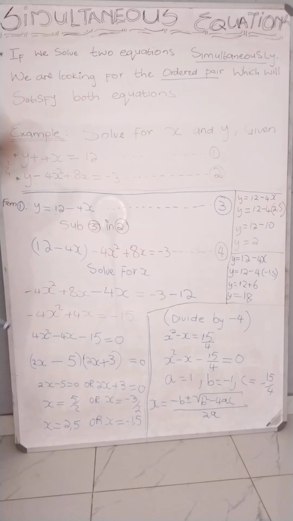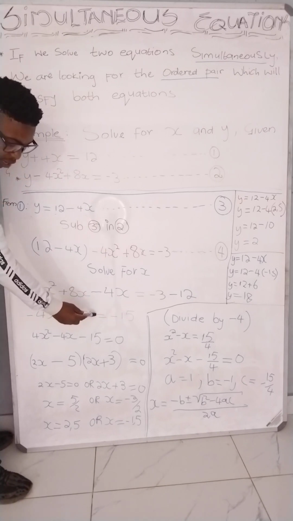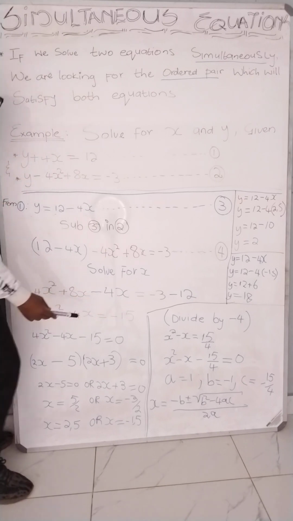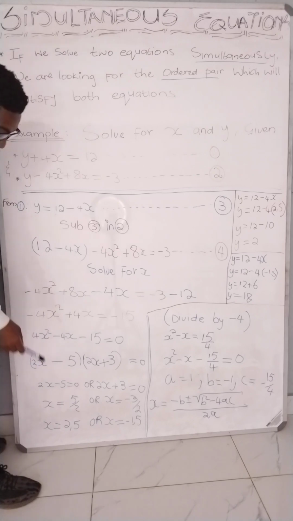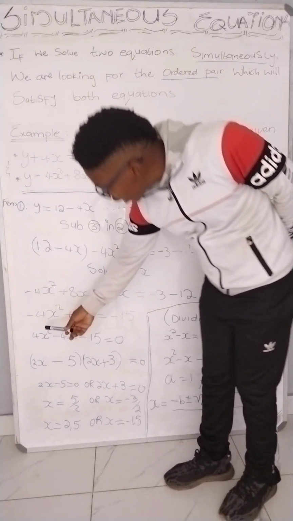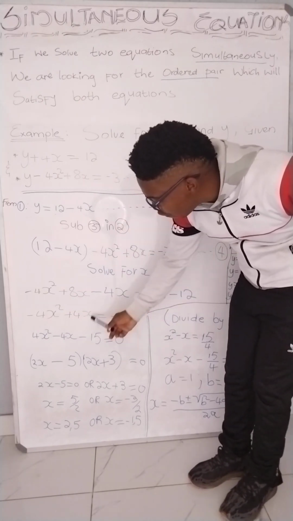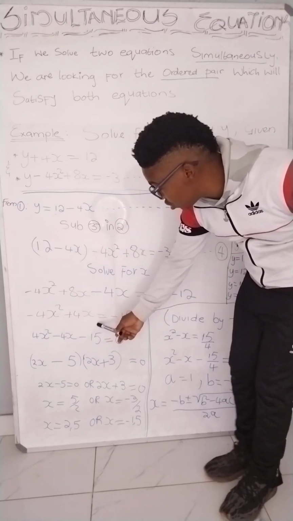You can bring the 15 to the side and you'll have a positive 15, and then you have the equation in standard form. And then you'll have your a as negative 4, your b as positive 4, and your c as 15, because it would have come to this side.